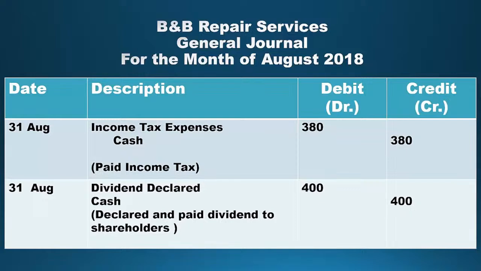The journal entries were, for the income tax payment, debit income tax expense, $380. Credit cash, $380. For the dividends, debit dividends declared, $400. Credit cash, $400. We'll need to post these amounts to the income tax expense, dividends declared, and cash ledgers.